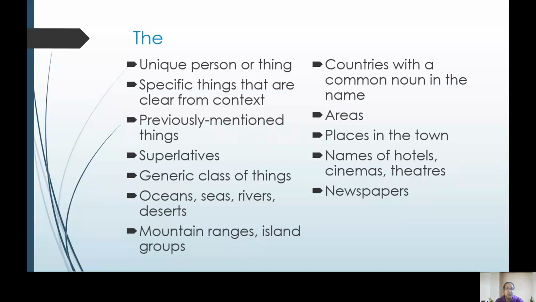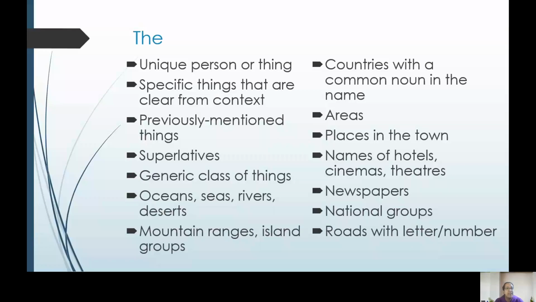Newspapers also use "the" in front of them, like the Times, the Independent, the Guardian, the Daily Mail. National groups such as the English, the French. And roads that have a letter and a number in them. For example, in England, we have motorways such as the M1 or main roads like the A50.